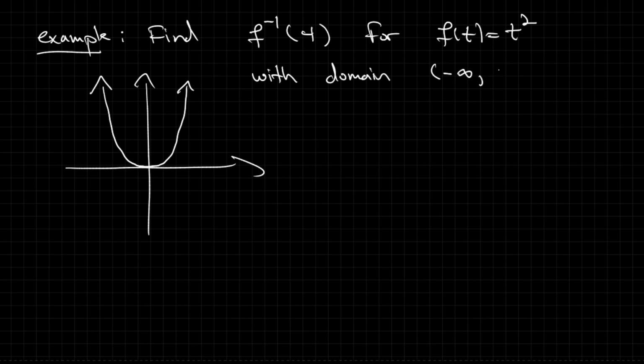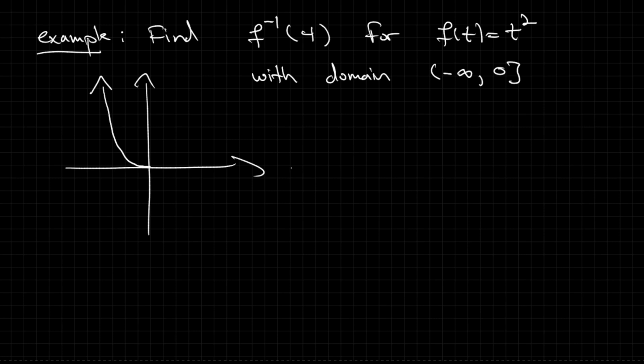We need a 0 there. And graphically what that means is we are erasing the right half of this graph here. So we have made a domain restriction which allows us to have a 1-to-1 function, and now we can begin talking about the inverse.